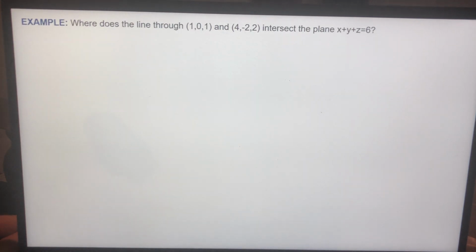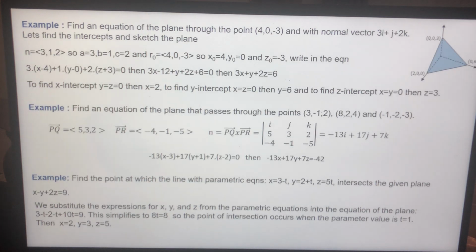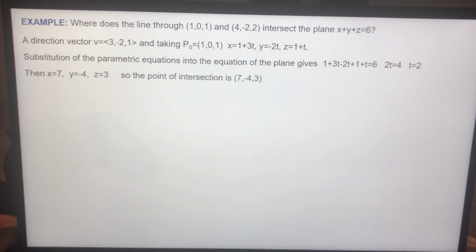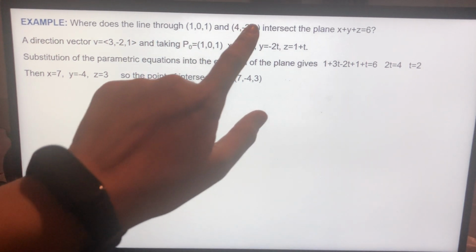Okay? So another one: where does the line through these 2 points intersect the plane? So this time the line equation is not given, but the question is exactly the same as this one. What you need to do is write the equation of a line. And you know how to write the equation of a line, right? Direction vector, you can define from this point to that point.